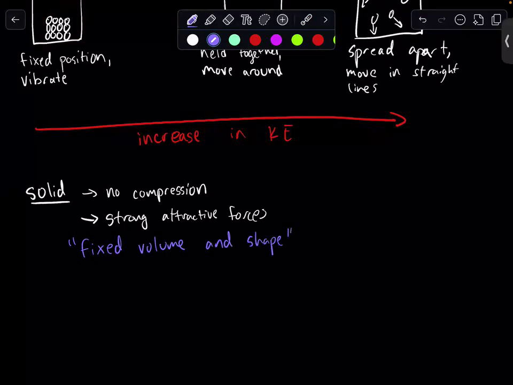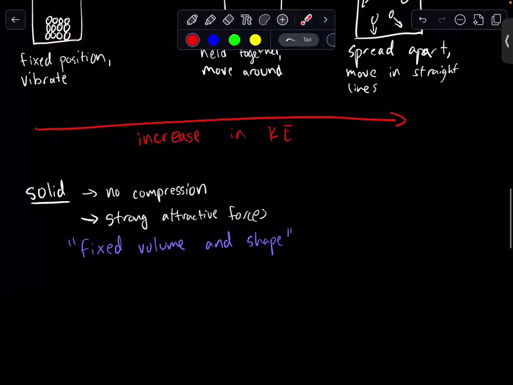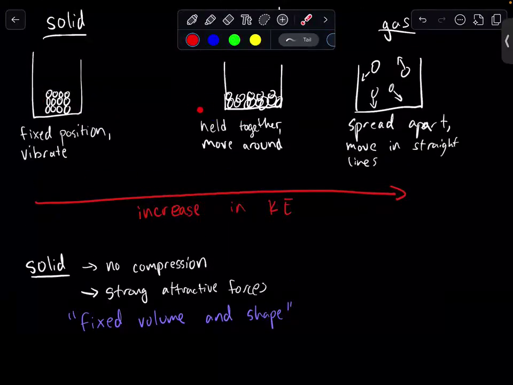If you look at our little cube, or not necessarily cube, but rectangle of atoms, they're not going to change into a liquid where they fill the bottom of the container. They're just going to stay where they are and hold this position. Furthermore, their volume will stay constant as well.